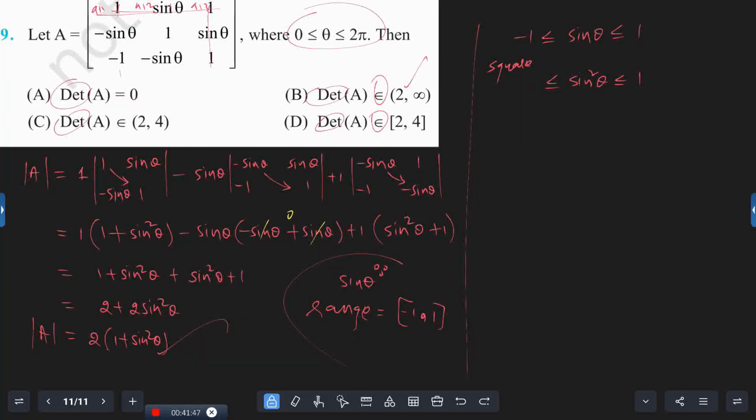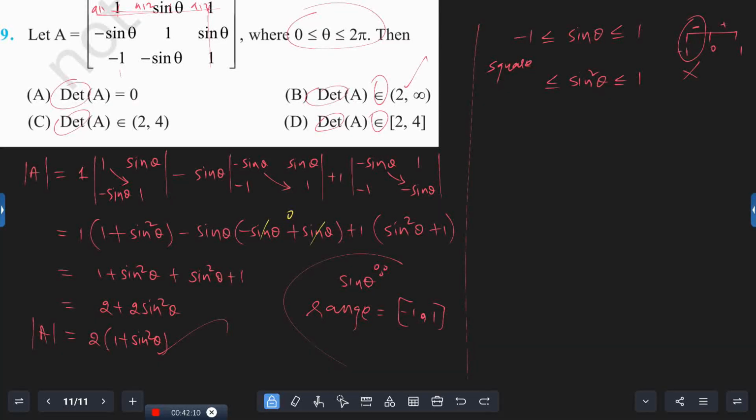Would it mean the interval? Listen. Here minus 1, here 1, in the middle we have 0. Before 0, all are negative numbers; after 0, all are positive numbers. So when you square, all the negative numbers will be gone. Am I right? Then from where will your numbers start?